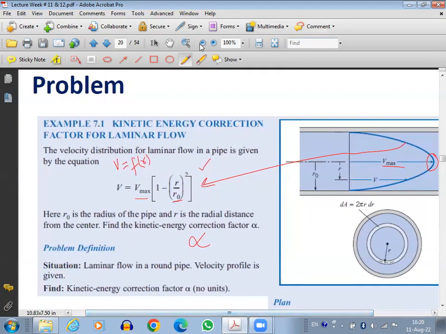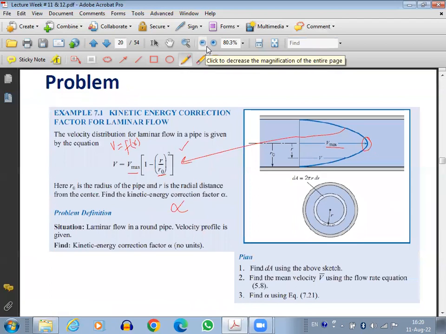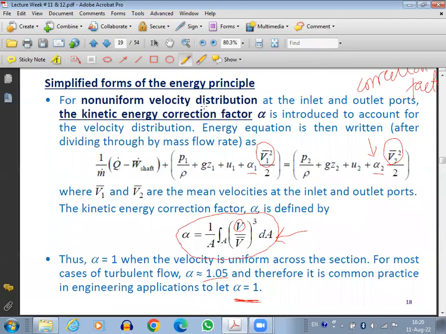For the kinetic energy correction factor, the base formula is the same as you have seen before. This is the formula for alpha: 1 upon area integral of (V as a function of R, divided by V mean) whole power cube into dA. Now V as a function of R is given, but we need to first find V mean.